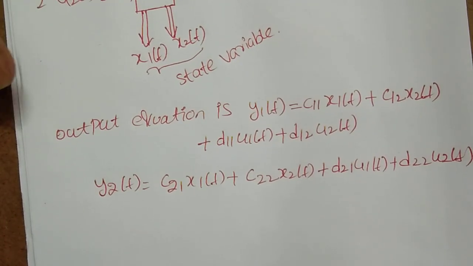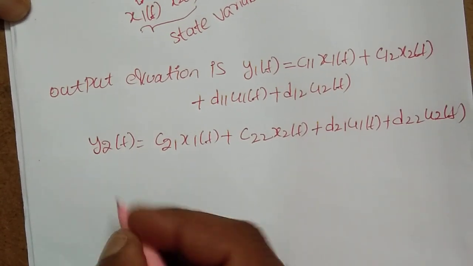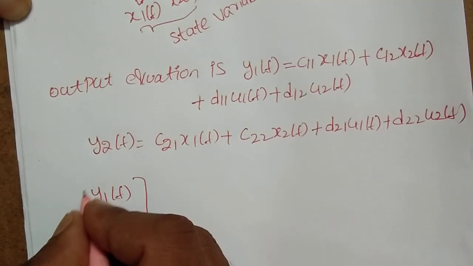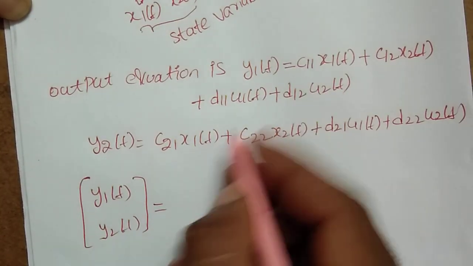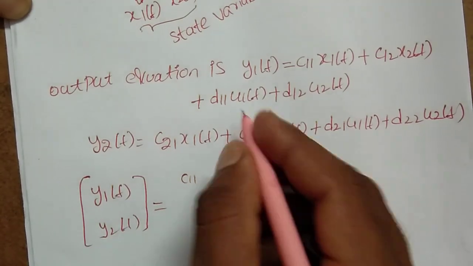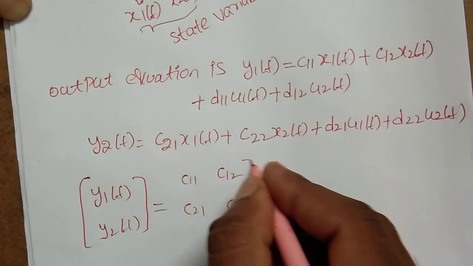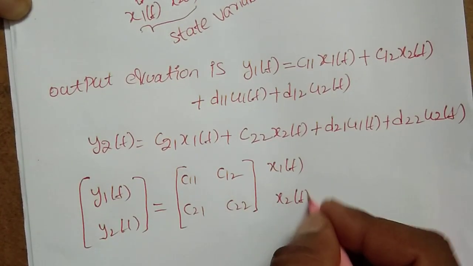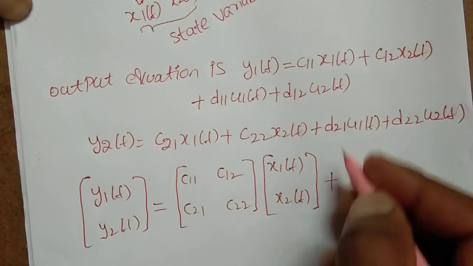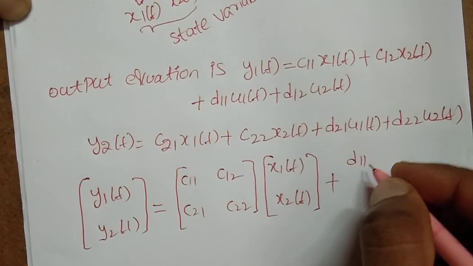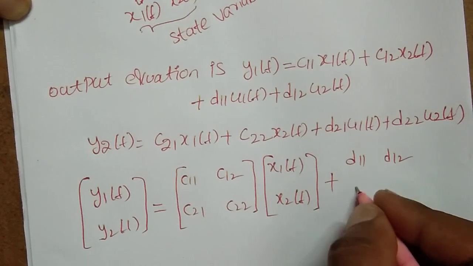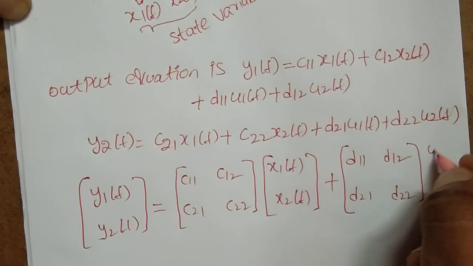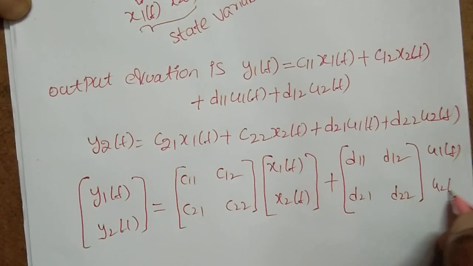You can write the matrix form of these two equations: y1 of t, y2 of t as a column matrix is equal to the matrix c11 c12, c21 c22, which is the C matrix, multiplied with the x1 of t and x2 of t column matrix, plus the second one, d11 d12 and d21 d22, multiplied with the input vector u1 of t and u2 of t.